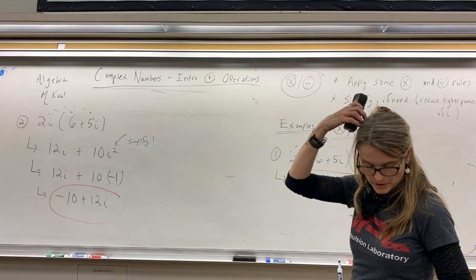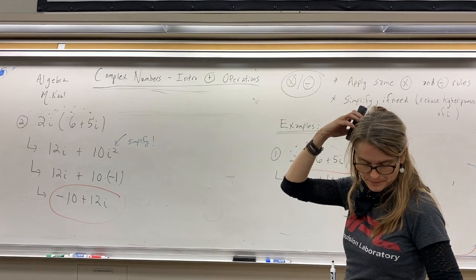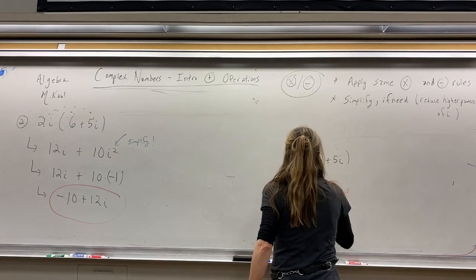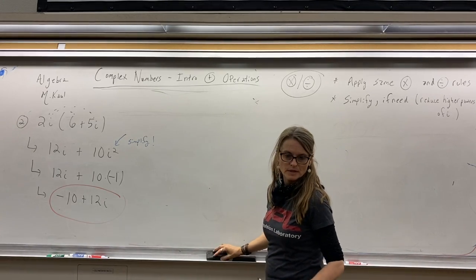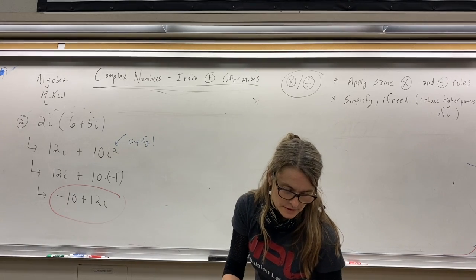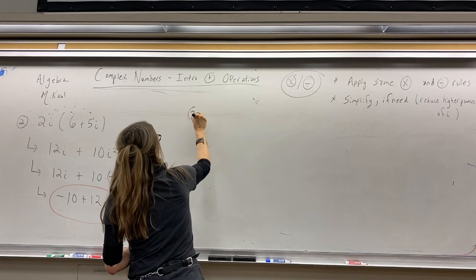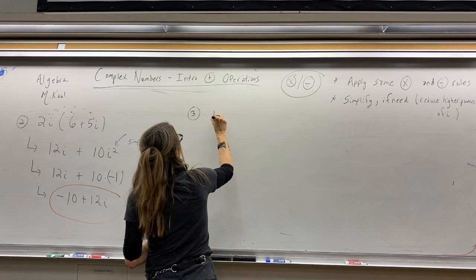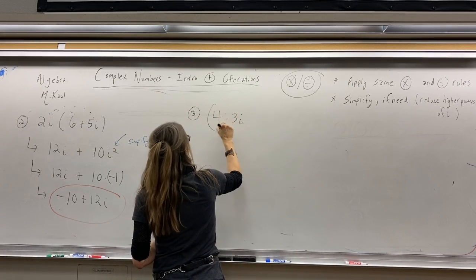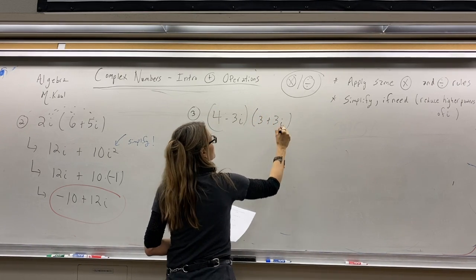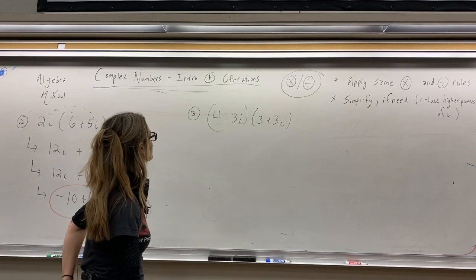Okay, so we'll do a quick little FOIL problem. Let's look at one on our worksheet. Let's do number G on your worksheet. Let's say we had 4 minus 3i, and we have 3 plus 3i. So again, we want to distribute all our values.